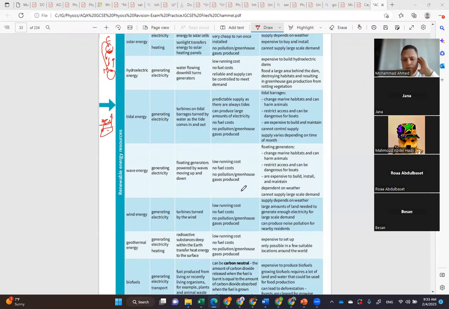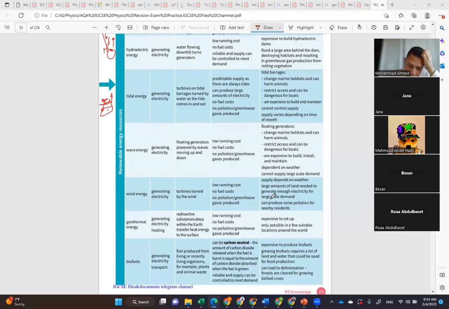Okay, what is the source of biofuels? Thank you, Roa. Let me ask Bisan. The resource is living organisms like plants. Yes. And we have another main resource. Animal waste. Yes, exactly. Thank you, Bisan.